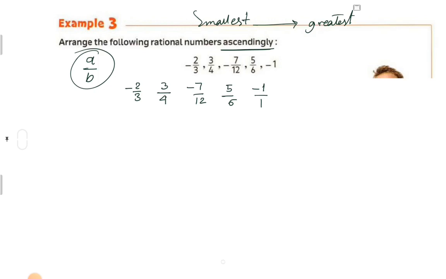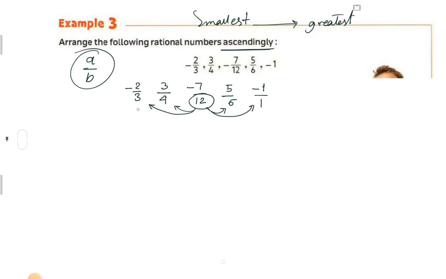You may note that 12 is the biggest denominator. 12 is a multiple of 4 because 3 times 4 equals 12. 12 is a multiple of 3 because 3 times 4 equals 12. 12 is a multiple of 6 because 6 times 2 equals 12. 12 is a multiple of 1 because 1 times 12 equals 12. So we can deduce that 12 is a multiple of all the denominators.